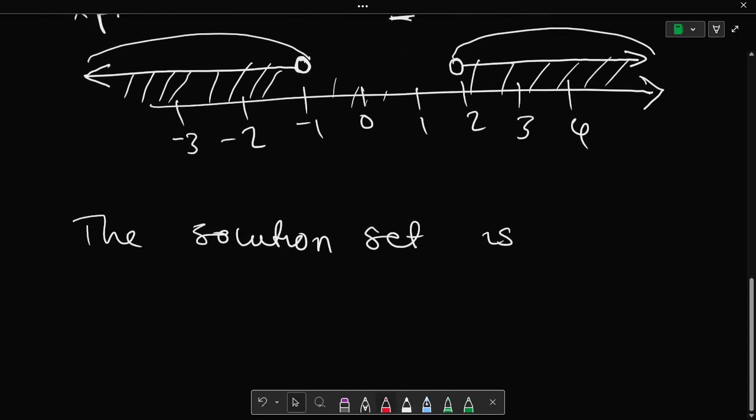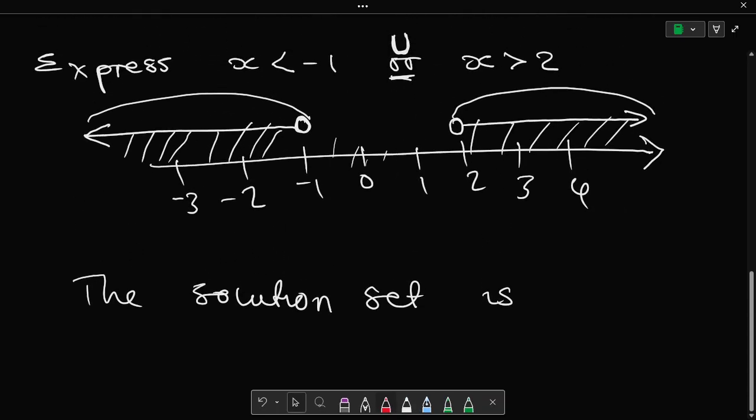What is this side is -infinity, -1 in brackets like that, and what is the other side is 2, infinity.